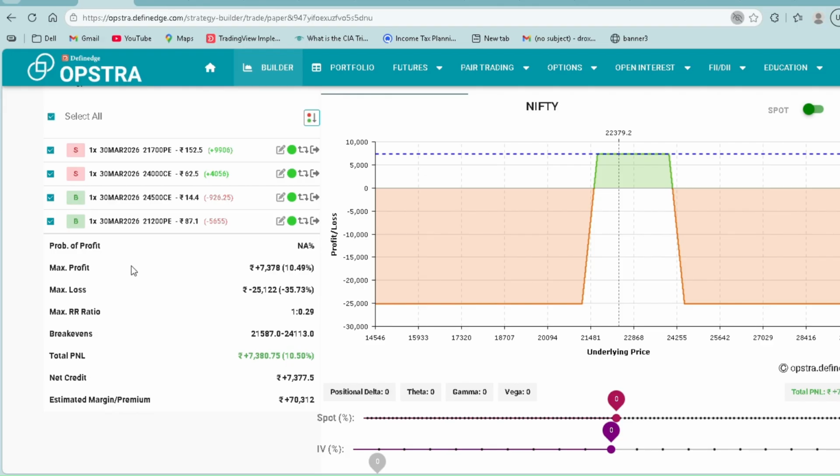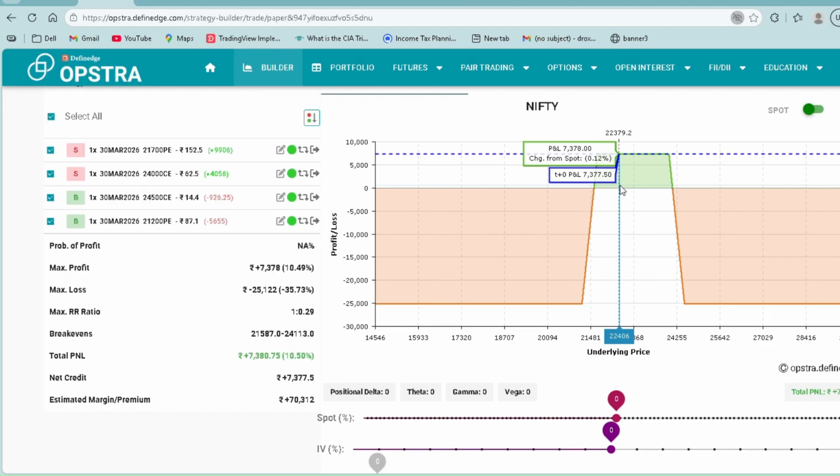I do this in Opstra because I want to analyze my overall position, like max profit, max loss, my break evens, my margin requirement. So I always do this on Opstra, and this is my payoff chart.